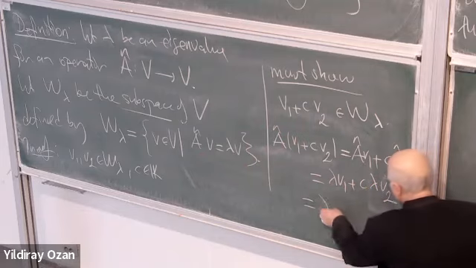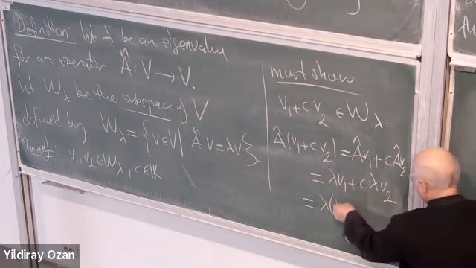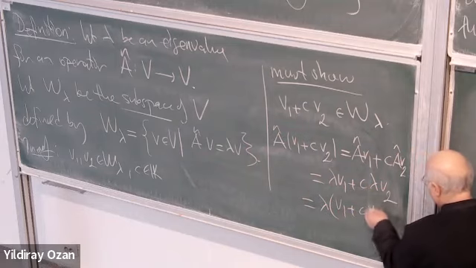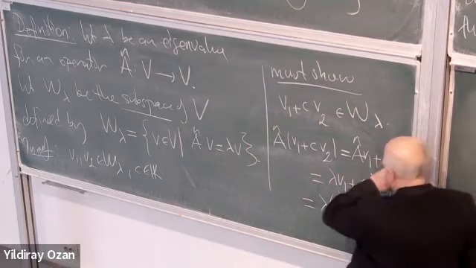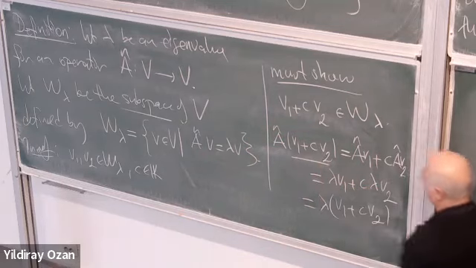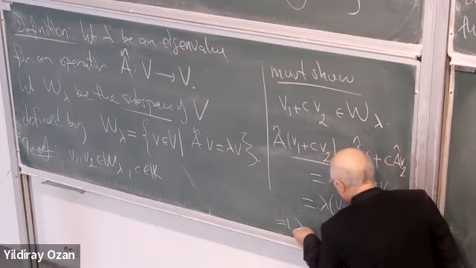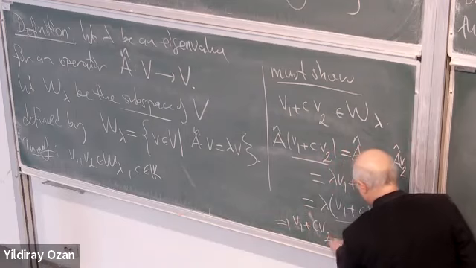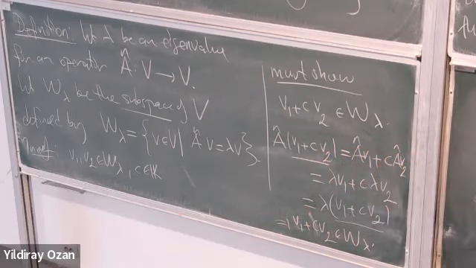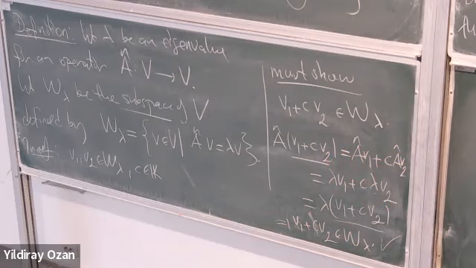I can take lambda out in parentheses, so I have this. And what we have seen is that A hat applied to this vector is just lambda times the vector. Therefore, V1 plus C V2 is in this set. Therefore, it's a subspace.